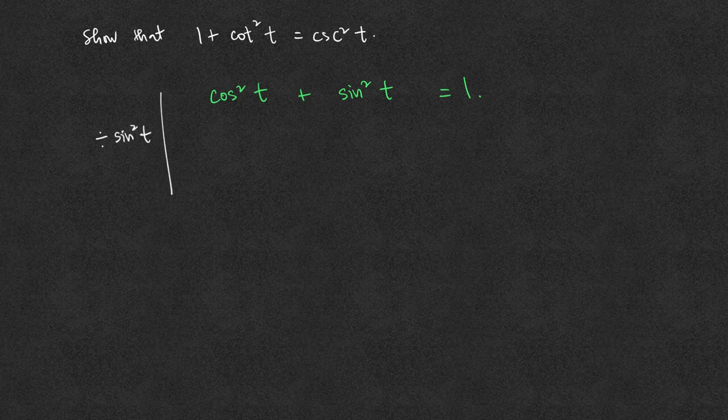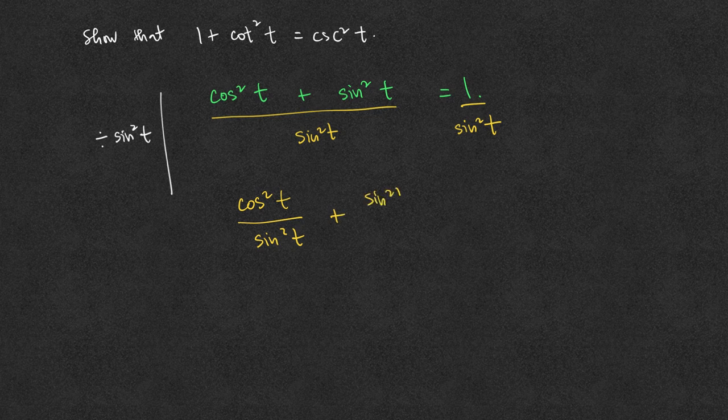What this means is that we take the left-hand side and divide it by sine squared of t, so we have to do the same thing on the right-hand side as well. The left-hand side is cosine squared of t over sine squared of t plus sine squared of t over sine squared of t, and the right-hand side is 1 over sine squared of t.